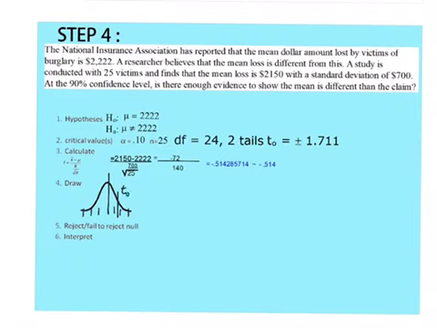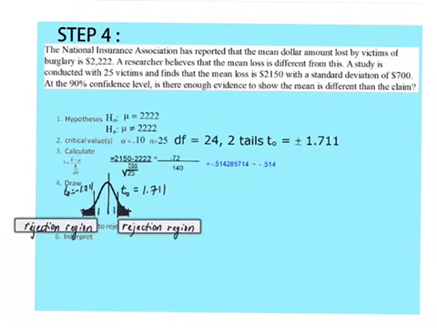Call that t naught for our critical value, 1.711, and our negative 1.711. We're going to color in from that line to the tail on both sections. Color to the closest tail. These are called rejection regions. Now when I draw in my calculated value of negative 0.514, so negative 0.5 standard deviations below the mean, it would be right in here.